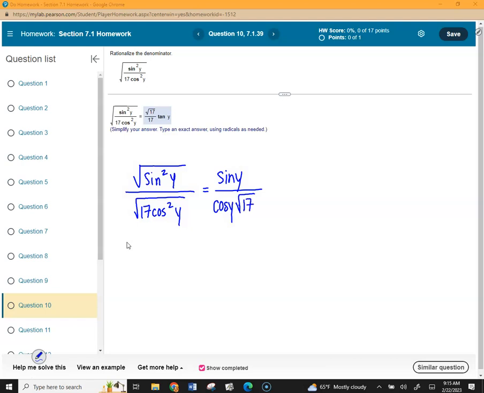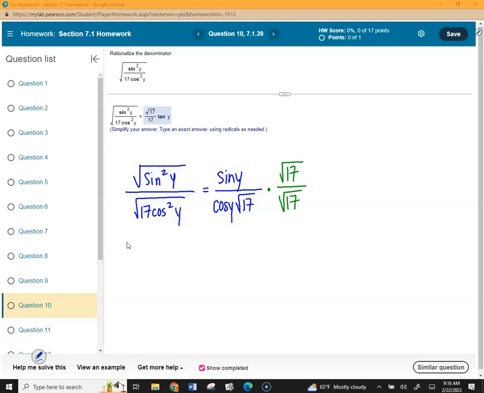So now you can see that I'm only rationalizing the 17. The 17 is the problem. You're not actually multiplying here with a trig function. So what do I multiply by or with? The square root of 17 over square root of 17, right?